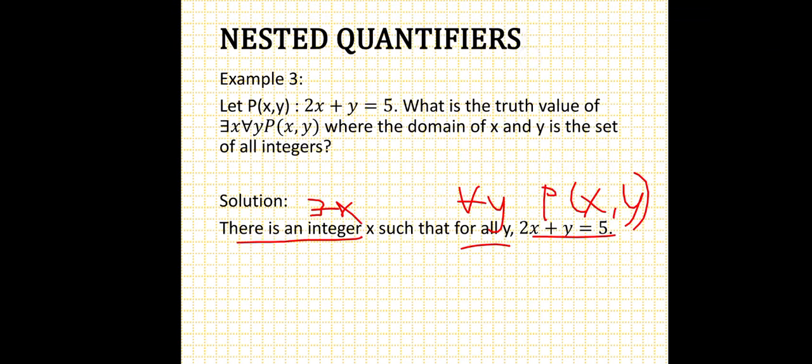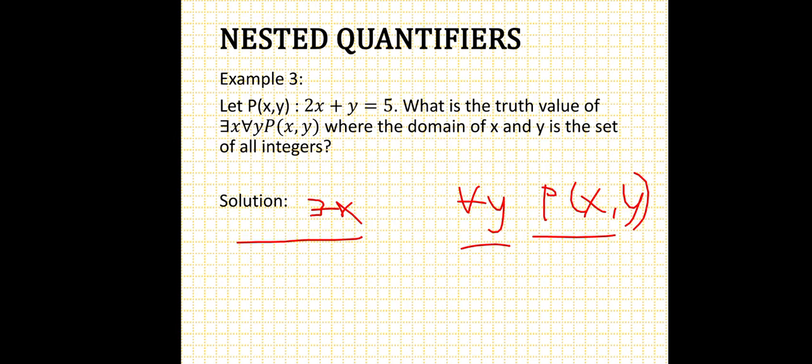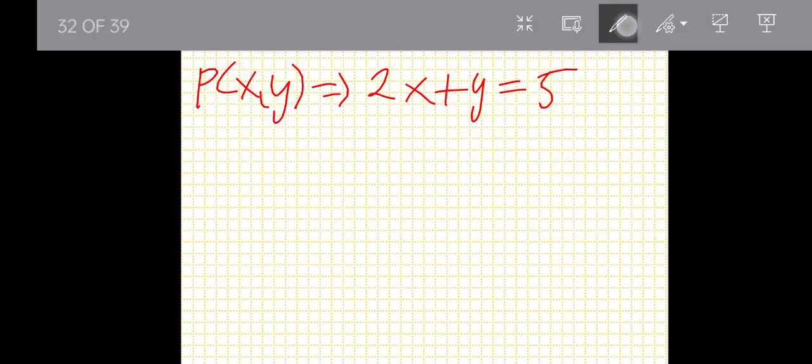Sige. So, our p of x y natin is 2x plus y is equal to 5. Tama ba? Okay, tama siya. And our domain, okay, set of all integers. So, mean to say, meron tayong positive and negative values dyan, no?